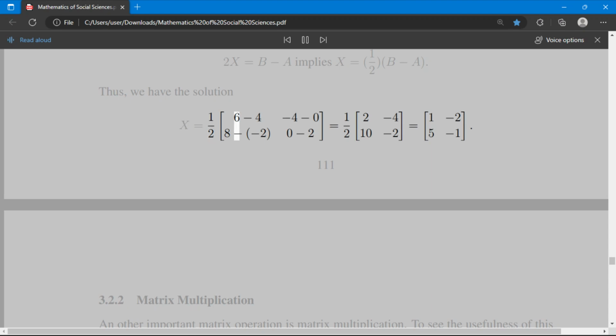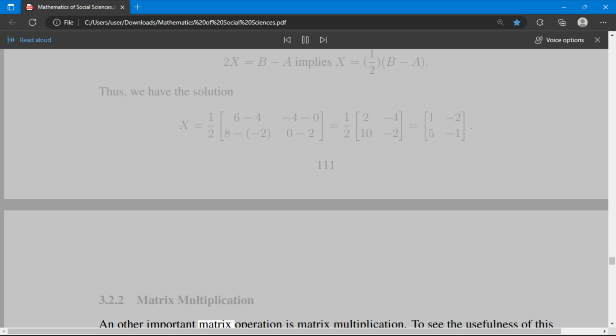Thus, we have the solution X equals 1/2 ([6 4; 8 0] minus [4 0; 2 2]) equals 1/2 [2 4; 6 -2] equals [1 2; 3 -1].